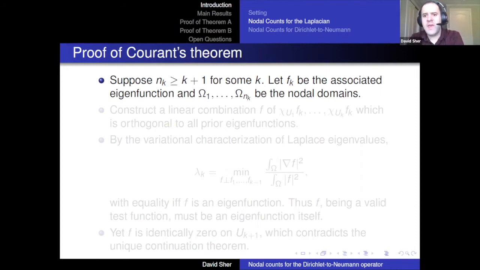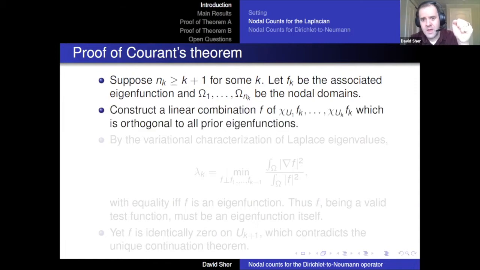What you do is you take k of those nodal domains, and you cut off the eigenfunction to be only on each of those k nodal domains. Sorry, that's a typo. You just take the characteristic functions times f_k. So there are k of these, and therefore you can construct a linear combination of them, f, which is orthogonal to all the prior eigenfunctions.